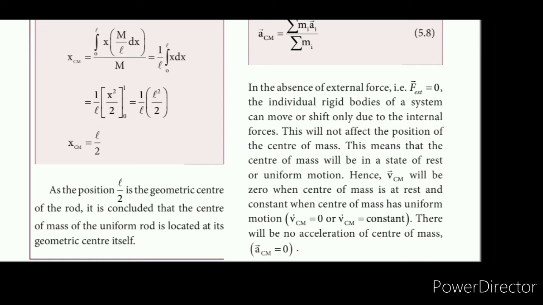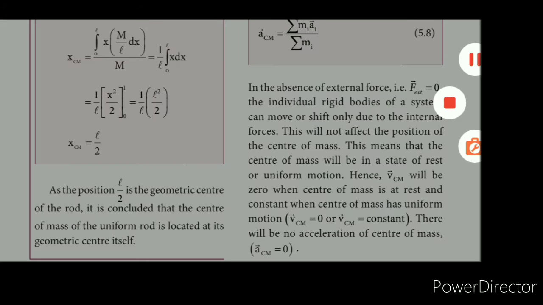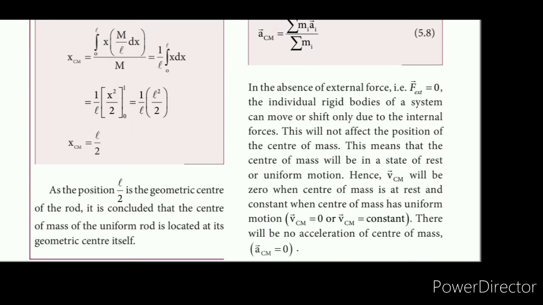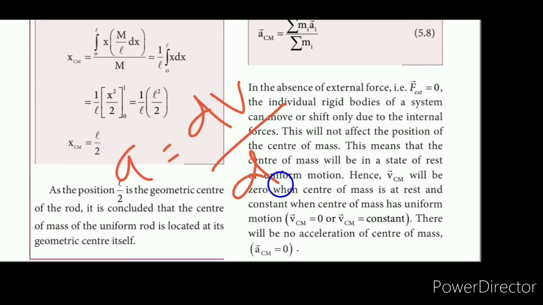Okay, we know what is meant by acceleration. Acceleration is nothing but the rate of change of velocity. So whenever velocity is constant or 0, what will happen? Acceleration will be 0.